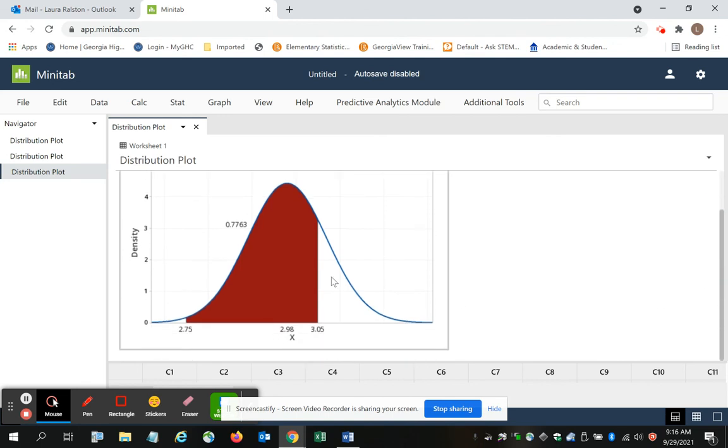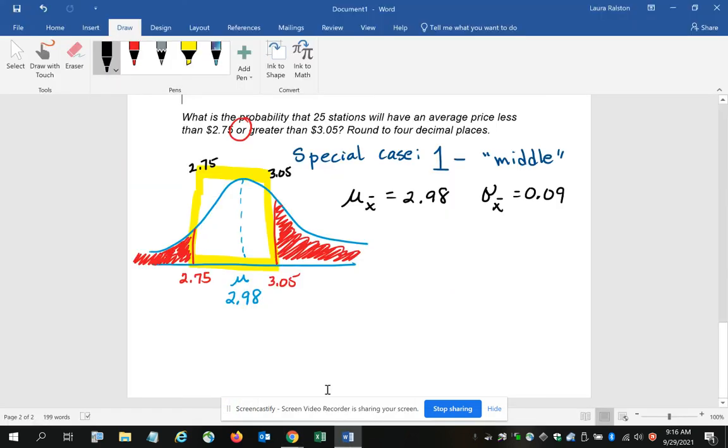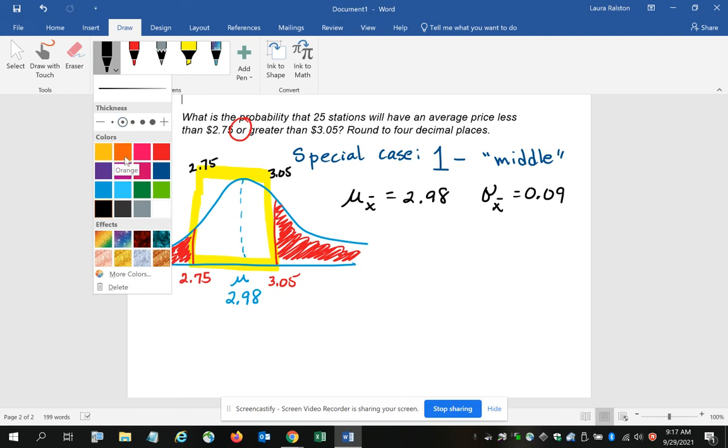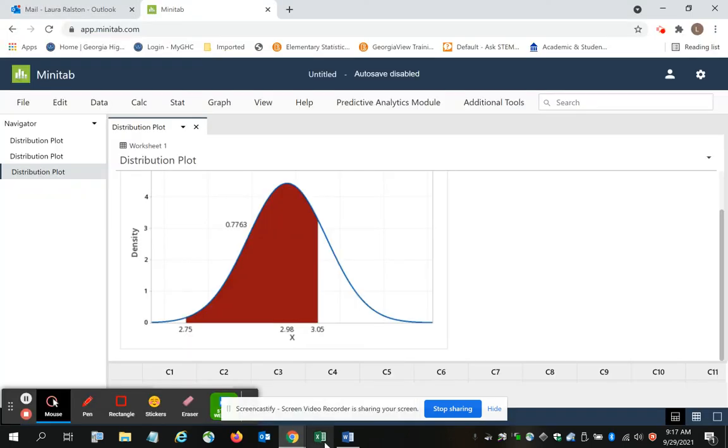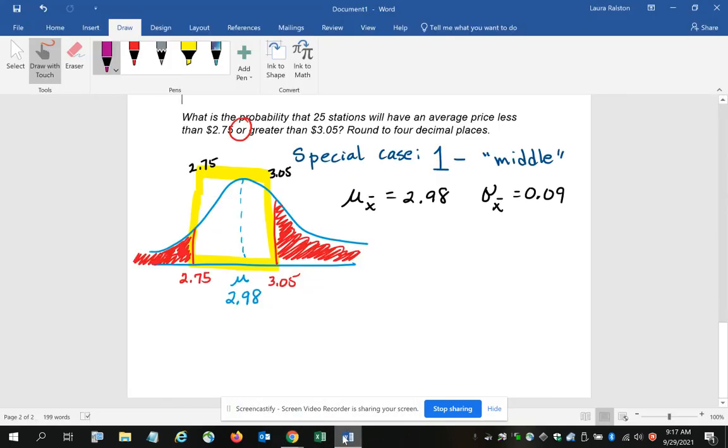Okay, and we get that red shaded region is 0.7763. So that tells me that this yellow highlighted region here is 0.7763. So I've eaten about 78% of the middle of the brownies.